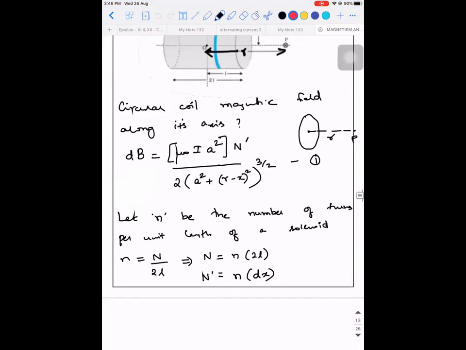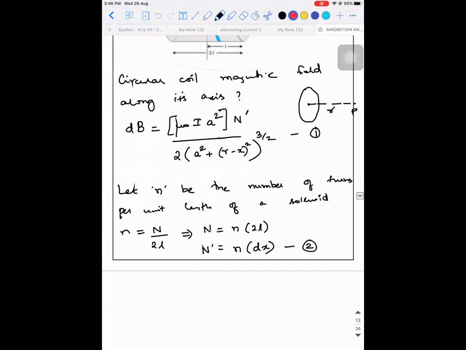Now see, I'm going to use the second expression in the first one. Then what will happen is dB will be equal to mu naught I into a square divided by 2 into a square plus r minus x the whole square, the whole power 3 by 2, into small n into dx. Is it clear?